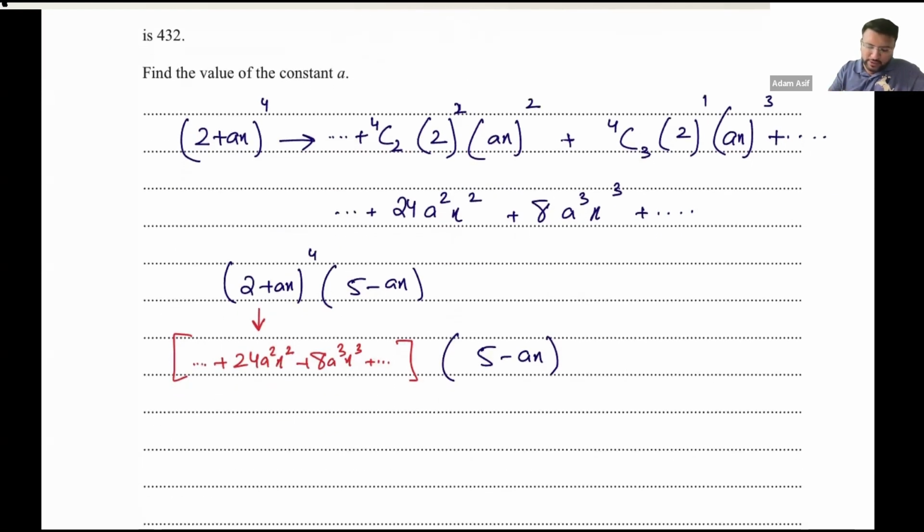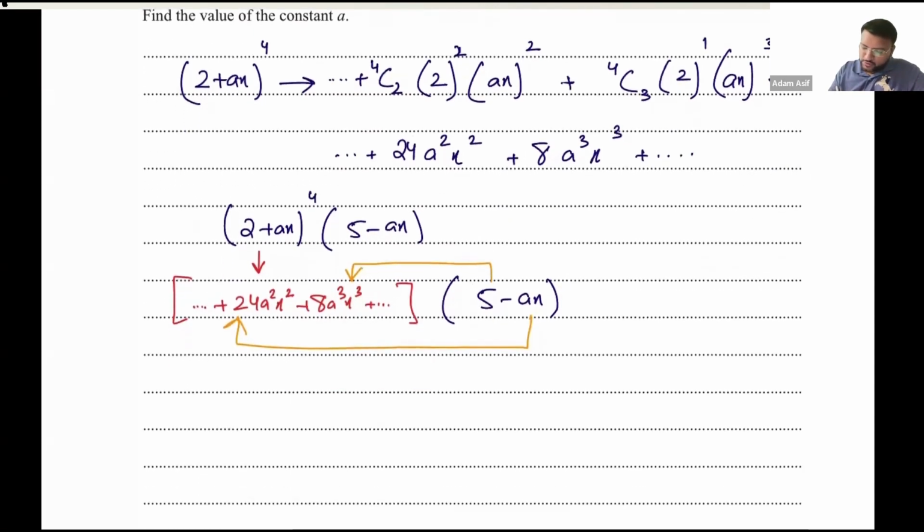How can I get a term in x cube? I will have to multiply 5 with this number and minus ax with this number. So 24a square x square times minus ax plus 8a cube x cube times 5. So this will become minus 24a cube x cube plus 40a cube x cube.